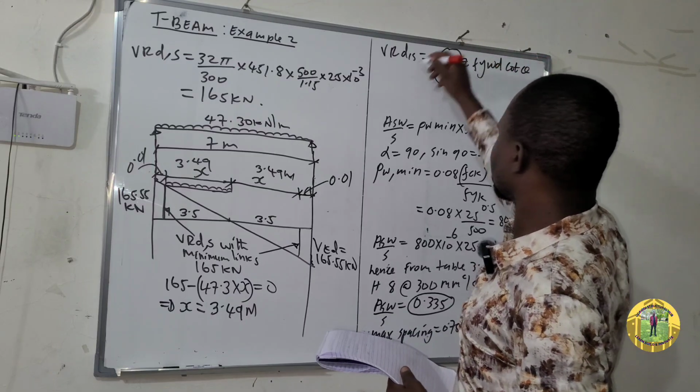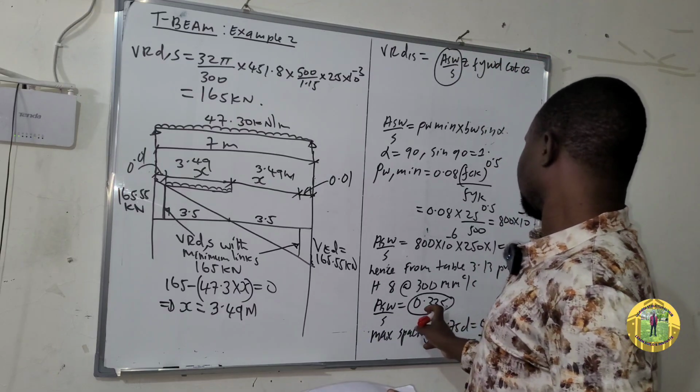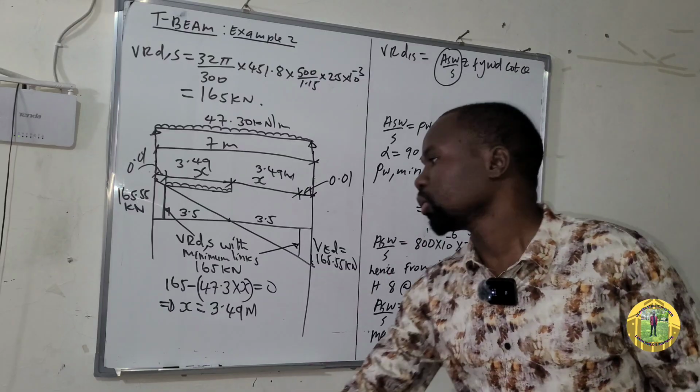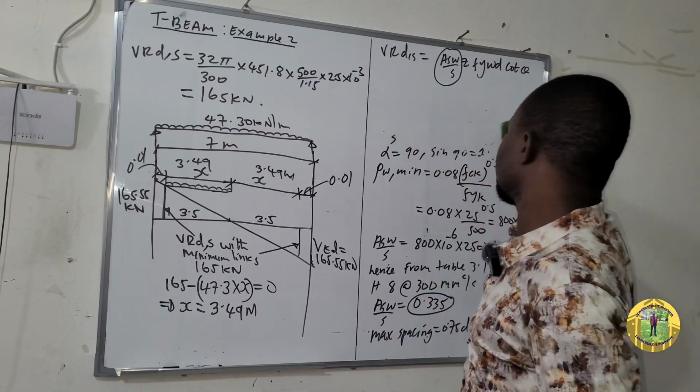But here, this one we already have as 0.335. So just do the replacement.